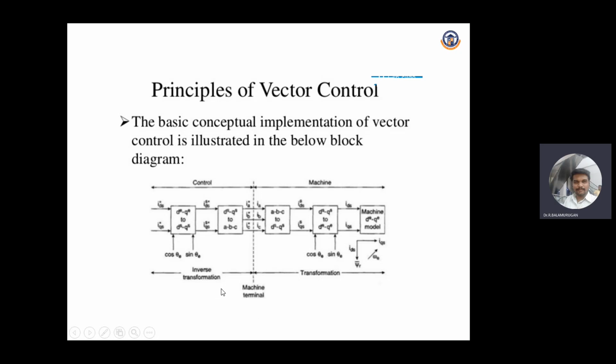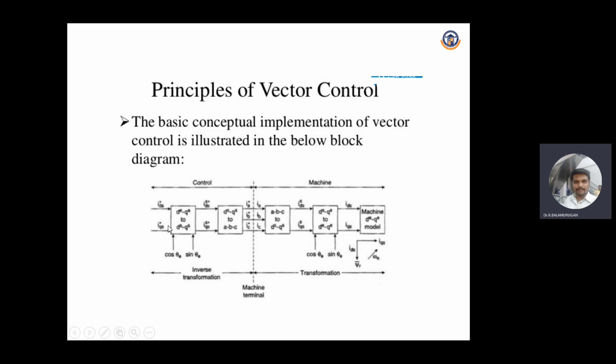This is the basic principle, and all these are done with respect to the unit vectors cos theta e and sin theta e. Based on these unit vectors, the conversion is done in the control structure and also in the machine structure. So at the end, we are getting the perpendicular direct axis and quadrature axis for having a decoupling nature.